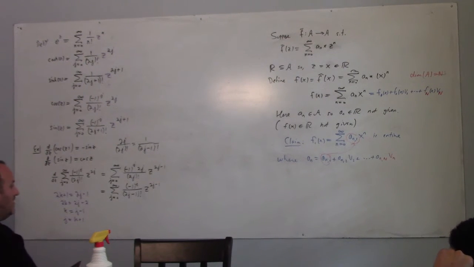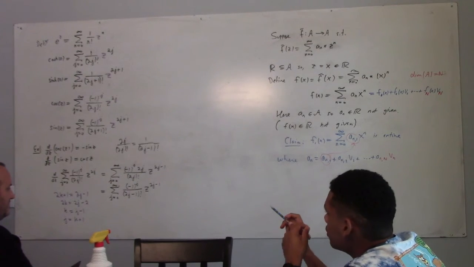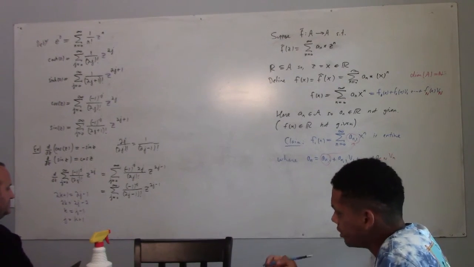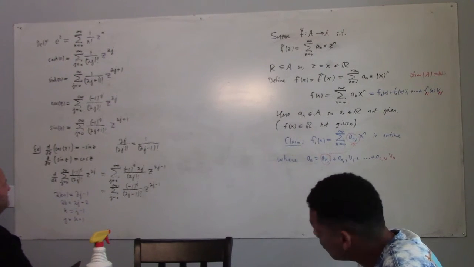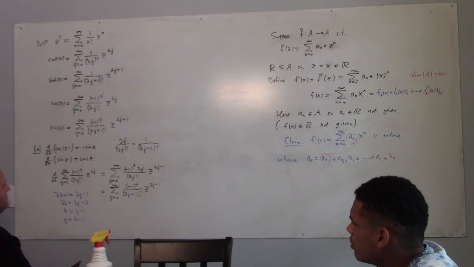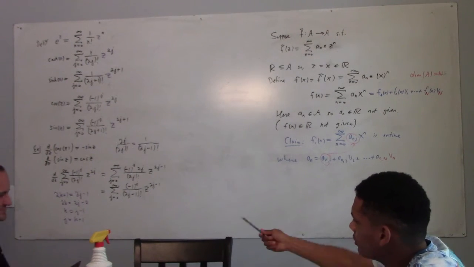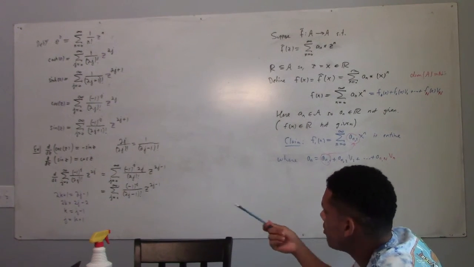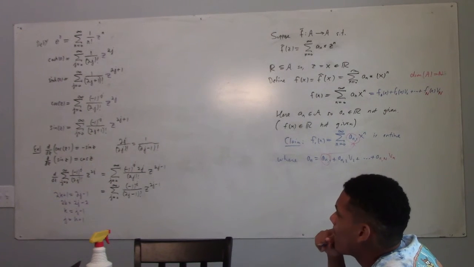Catching up, sorry. You're fine. 2j minus 1. We got that, and then that goes to that. Okay. z to the 2j minus 1. And what are you doing on the left here with the purple? Well, I'm with you here. I'm trying to make it look like my series for sine.